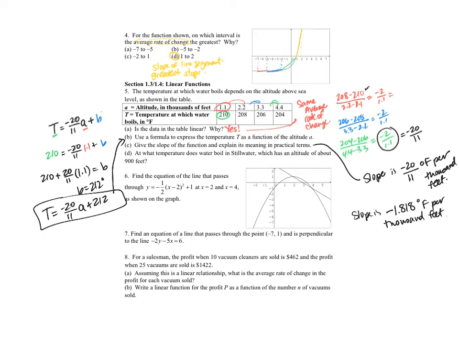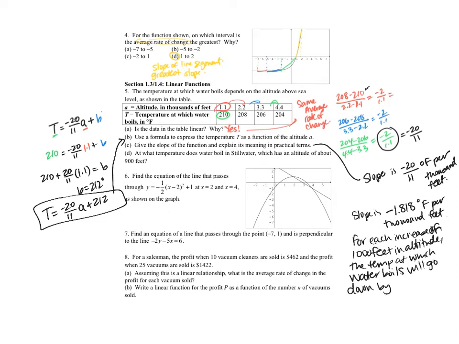So what is the meaning of that? That means for each increase of 1,000 feet in altitude, the temperature at which water boils will go down by 1.818 degrees Fahrenheit.